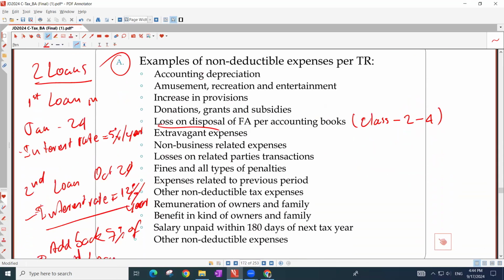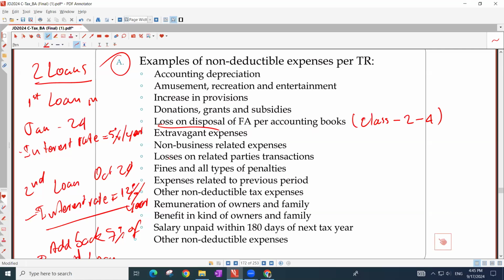You might need to run through all of these expenses so that you can remember what kind of expense to look for when you do a tax computation. Non-business related expense. Loss on related parties transactions.